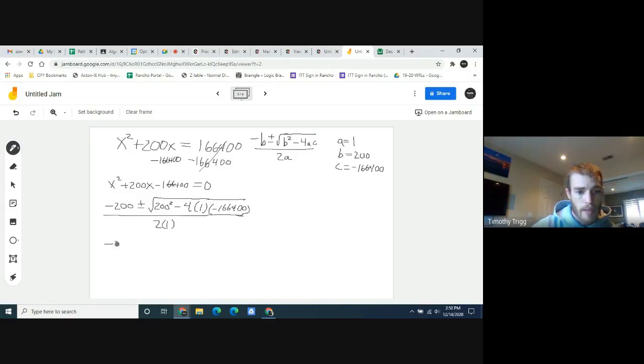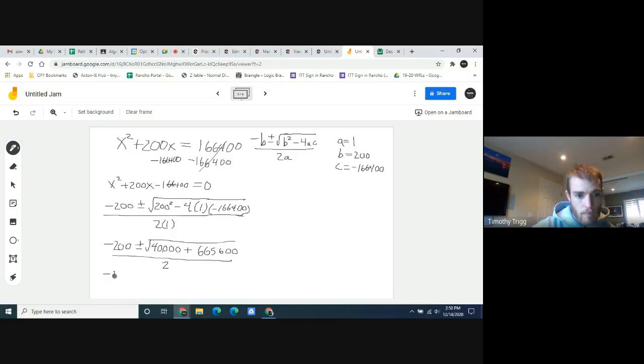So let's start working this out. Negative 200 plus or minus the square root. 200 squared is 40,000. Plus, because negative times negative makes that positive, 4 times 166,400 equals 665,600. All divided by 2 times 1, that's 2.